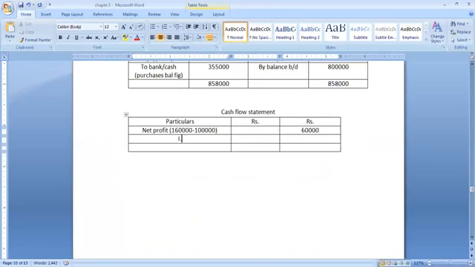Now take cash flow from operating activity. So which are the operating activities? You will take all the non-cash incomes and expenses into consideration. So add non-cash expenses.